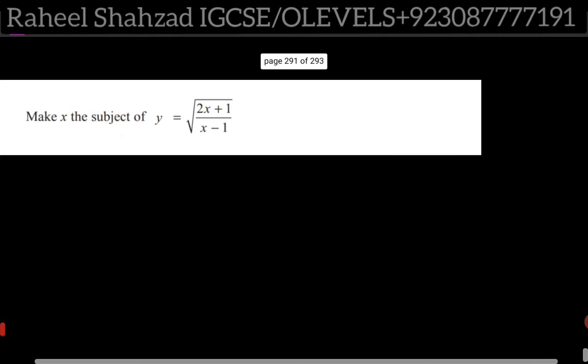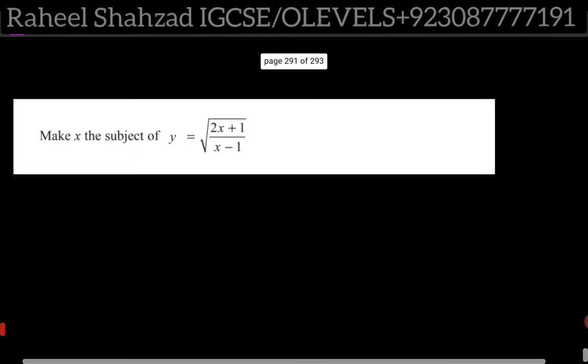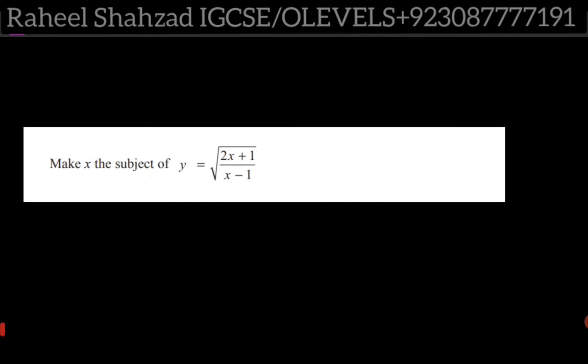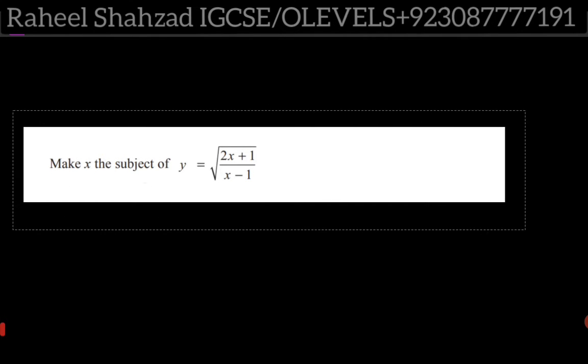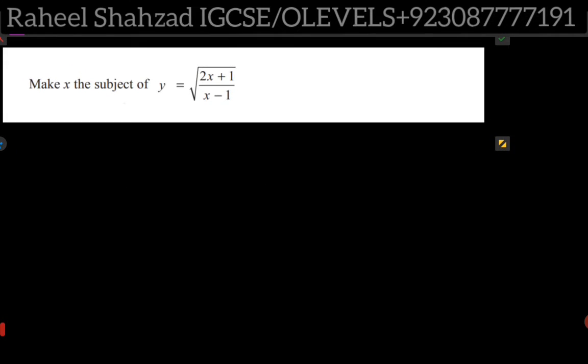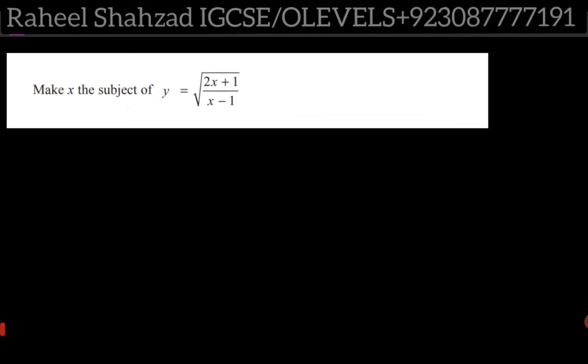Okay, in the next question, sometimes we may get questions that will include square roots. So we know that in order to cancel a square root, we have to take square on both sides.